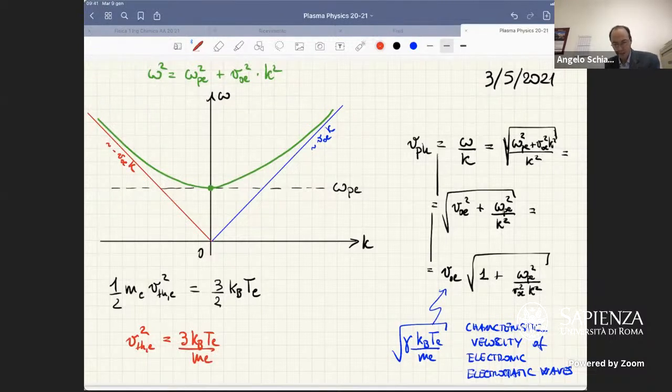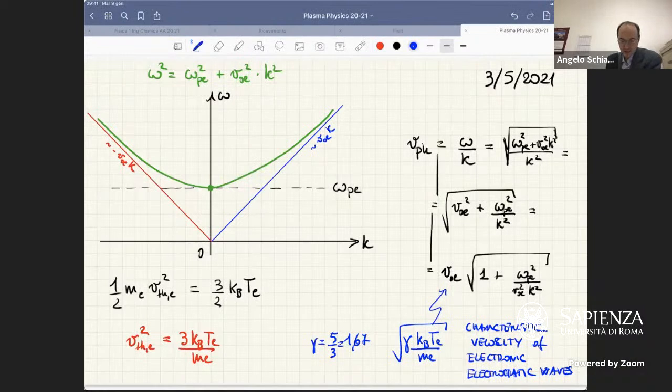And as you can see, the characteristic velocity of electrostatic waves is very close to the thermal velocity, same order of magnitude. The only difference is that here we have a factor of 3 in 3-dimensional space, and here we have a gamma. If you remember, for a monatomic gas, gamma corresponds to 5/3, which is 1.67.